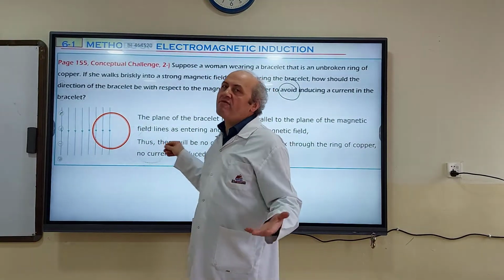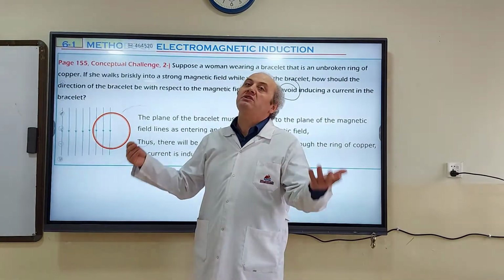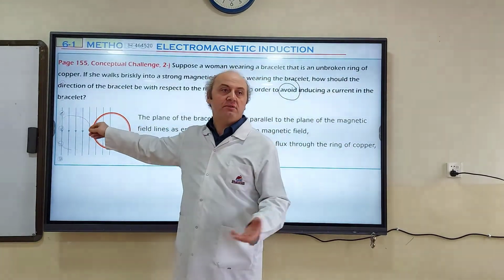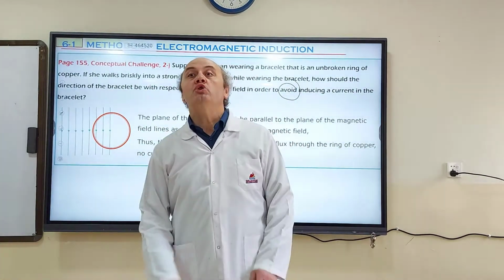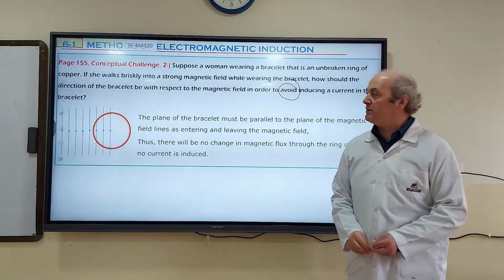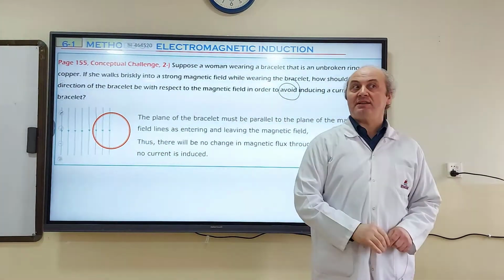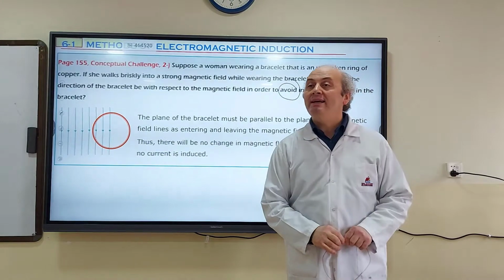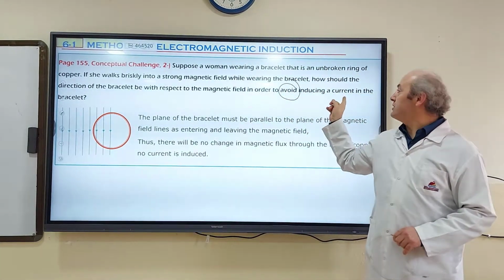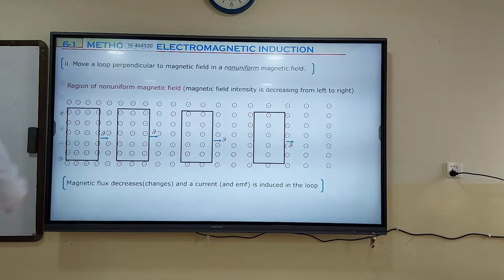It doesn't matter how quickly or slowly you enter the magnetic field, because outside is 0, inside is 0, so no change in magnetic flux and no induced current or EMF in the bracelet. This is a good question. The orientation of the bracelet must be parallel in order to avoid induced current.